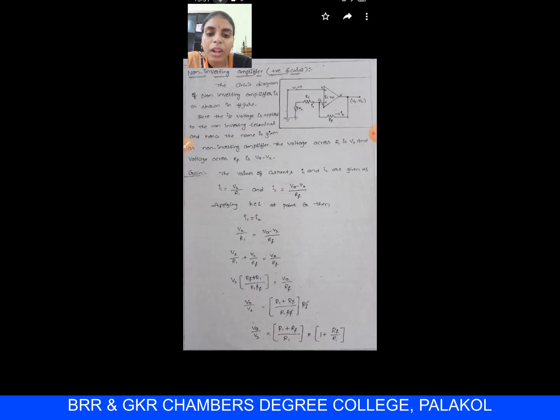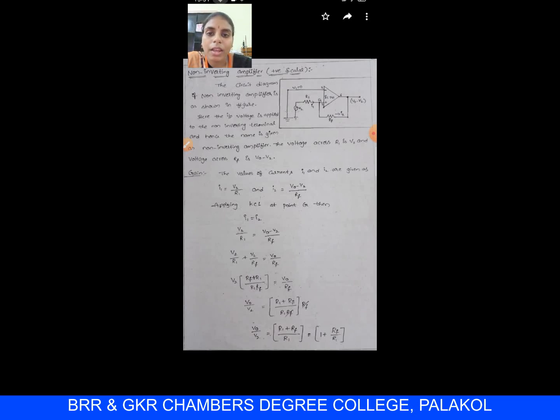Now separating the denominator RF, we get V0 by RF minus V2 by RF. Now we get V2 by R1 plus V2 by RF is equal to V0 by RF. Then taking the V2 term common, with R1 and RF as LCM factors, we get V2 into RF plus R1 by R1 into RF is equal to V0 by RF.